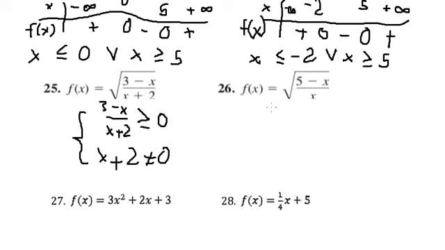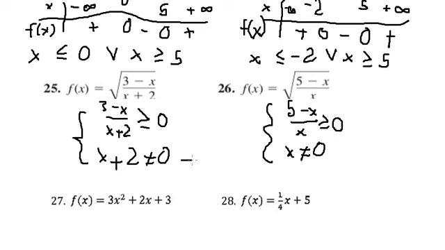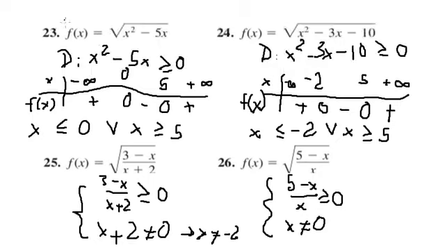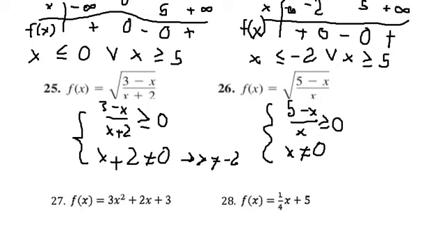Similar for the second one. So for this one, you get s cannot equal negative 2. So we need to draw the table just like the first one.